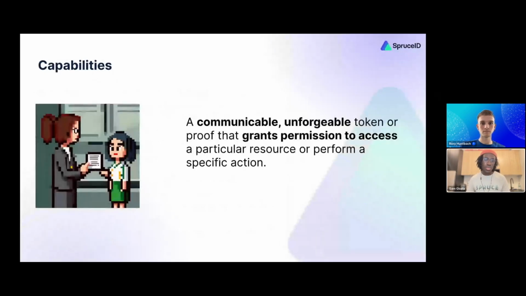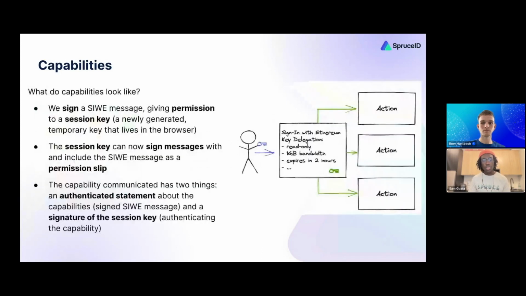The last concept I want to touch on is capabilities. Capabilities are basically a way to communicate the permissions that you have, that you've been authorized. It's like a communicable, unforgeable token that grants permission to access something. I'll talk a little more about that last message we saw.